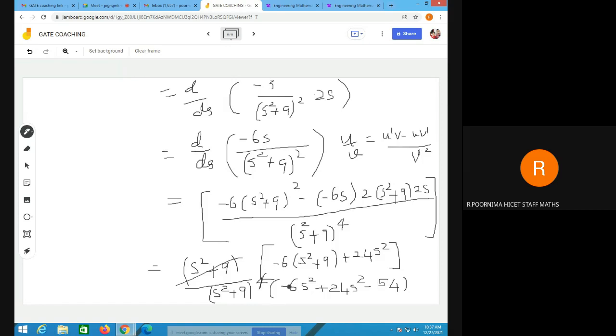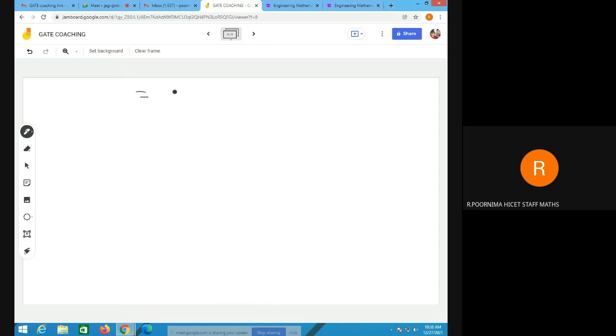If you take minus 6 outside, you will get s square minus 4s square plus 9, divided by the denominator s square plus 9 the whole cube.